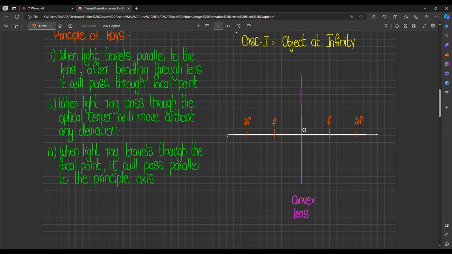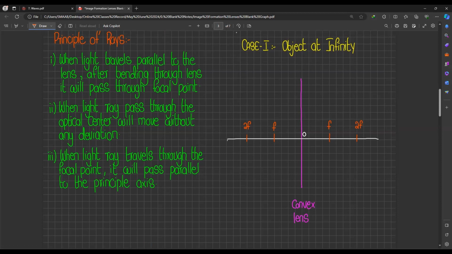Just a little bit. Basically this principal focus is up to you, right? In exam, most of the time they mark the principal focus, or they just mark the diagram and ask you to complete it, or sometimes they ask you to mark the principal focus. By the principle of rays we are able to understand at what point we will get the principal focus.